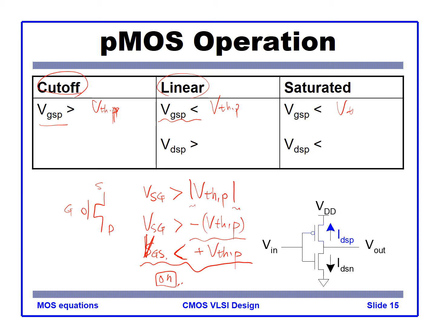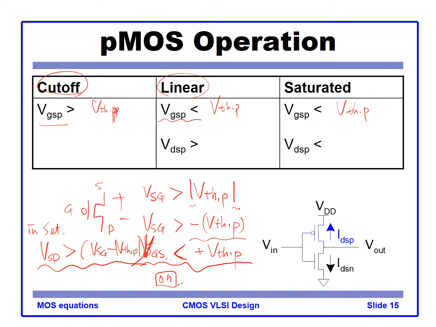Saturation is also with VTHP. For the overdrive voltage, we can again define it: in saturation, VSD must be greater than VSG minus the absolute value of VTHP.